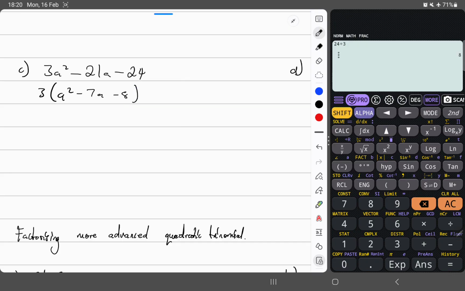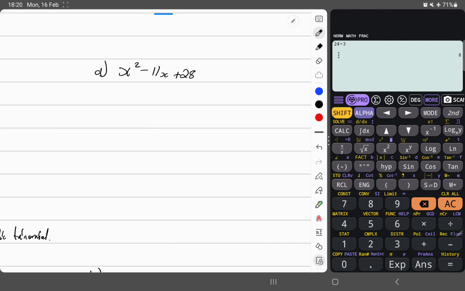Two numbers, when you multiply, they give you negative 8, but then when you add, they give you positive 7. It means I'll have a 3, open those two brackets, a minus 8, a plus 1. That is what I'm going to have. I'm done factorizing.